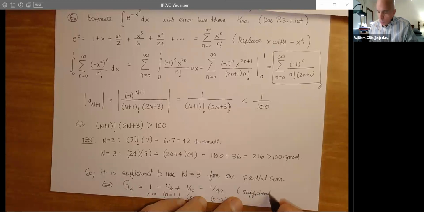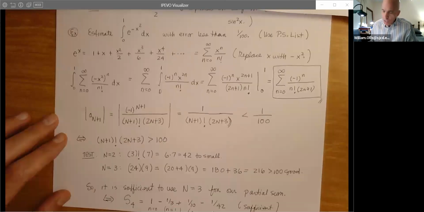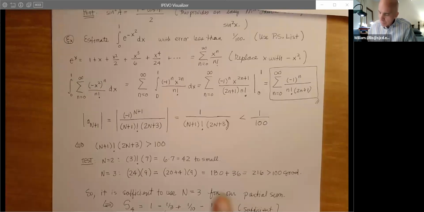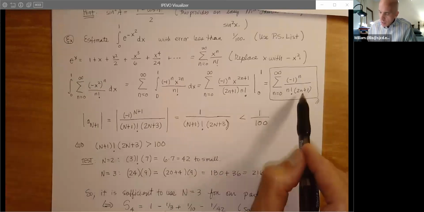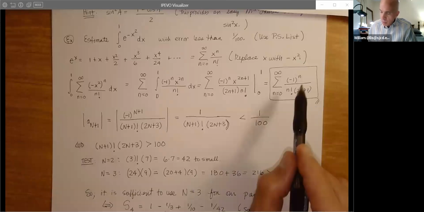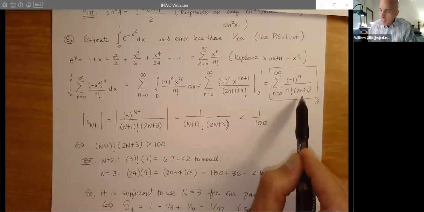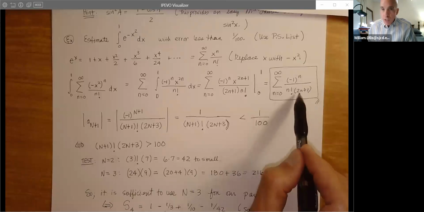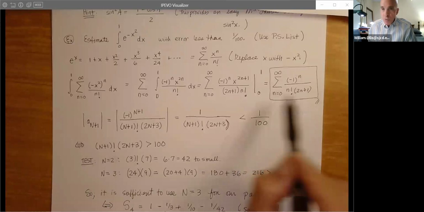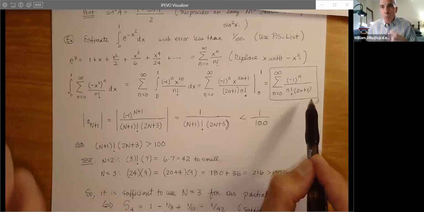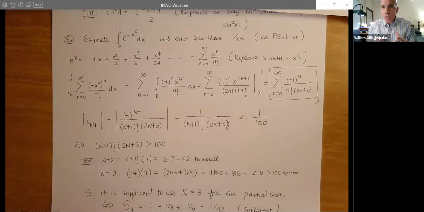The idea here, when we look at this particular problem, is just like what we've done before. We look at the first neglected term, so to speak. When we look at our series, we see that the terms are generated this way. As we start writing out the terms, we want to see how good the partial sum is.